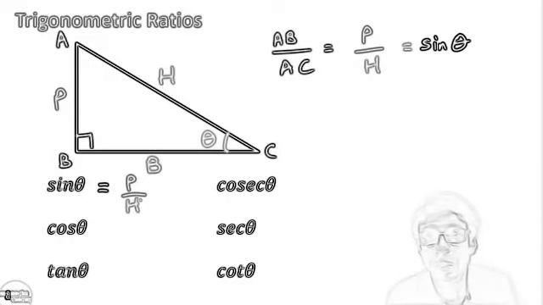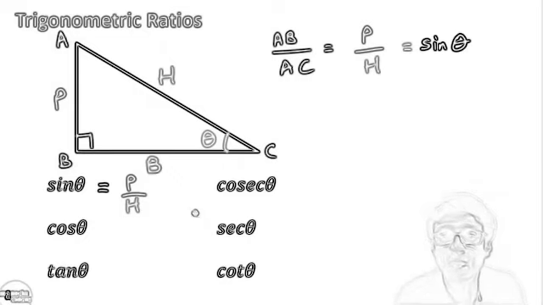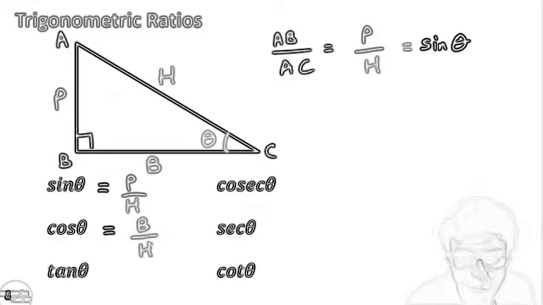Similarly, we can define the ratio of base by hypotenuse. This BC by AC is defined as cos theta. So we say cos theta is base by hypotenuse. These are the standard definitions, right? We can't change them.